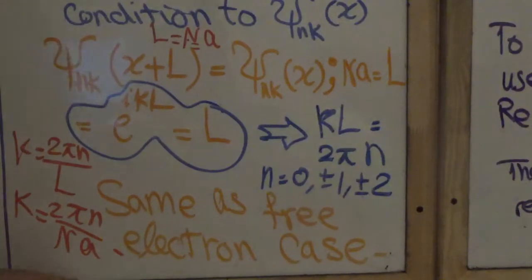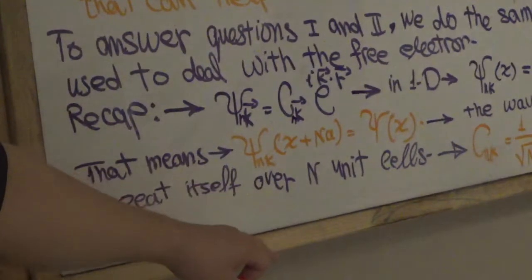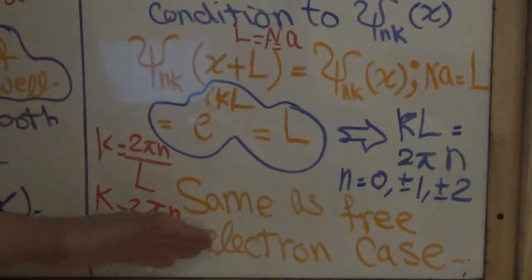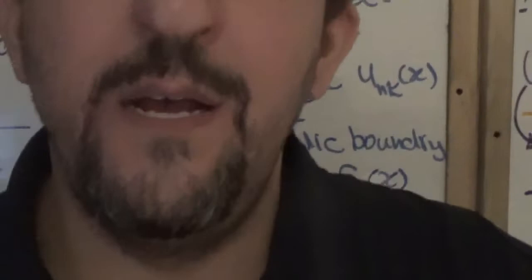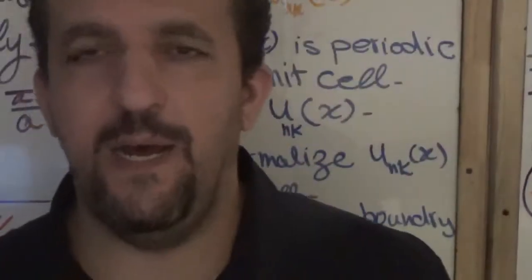The same thing that we got from the free electron problem. So there is no big difference here, guys. Just an application so you understand how we can deal with a Bloch wave function. This is very important to know.